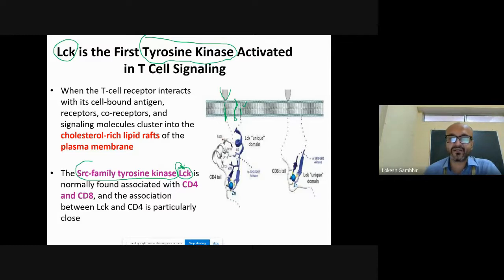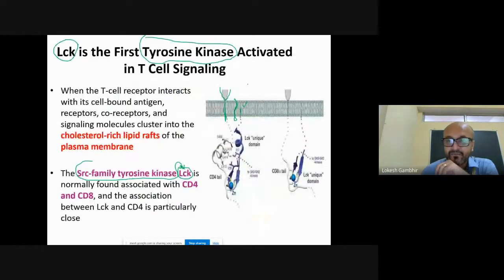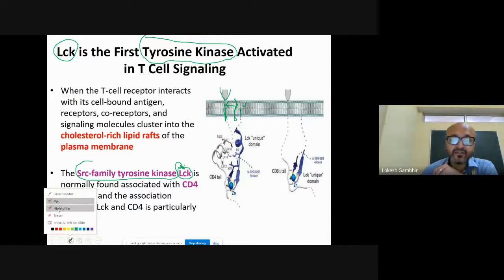So the complete cluster is present. Now what will be happening? Once the antigen binding has taken place, this particular LCK now comes into very close proximity with the complete complex.